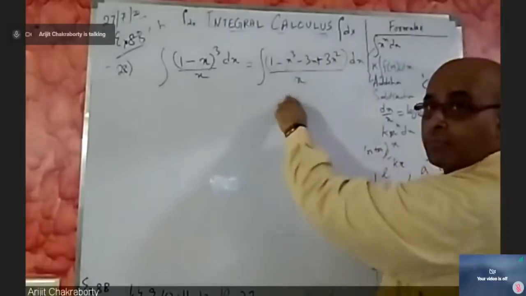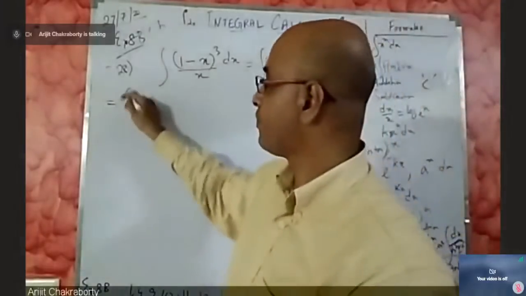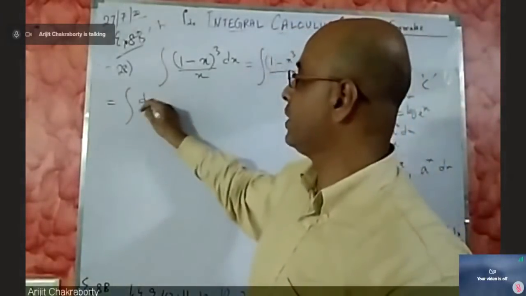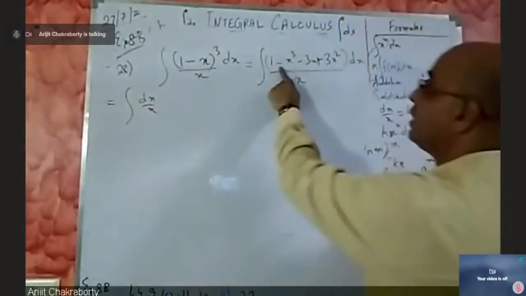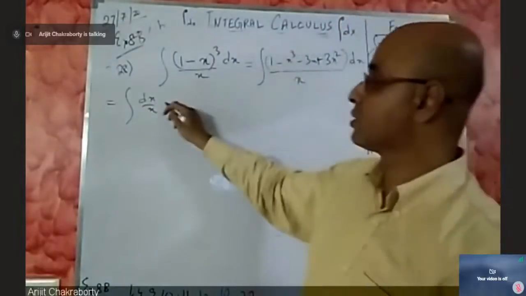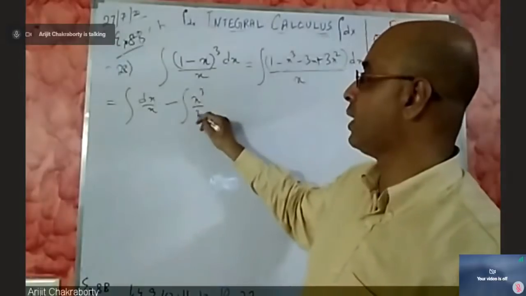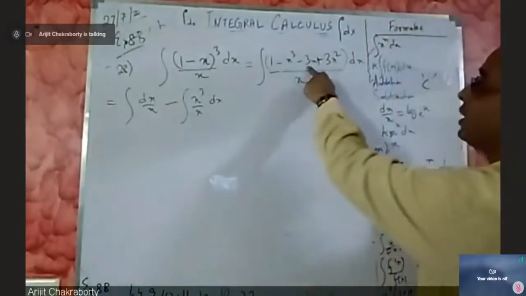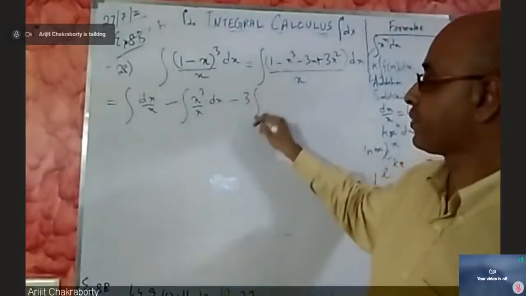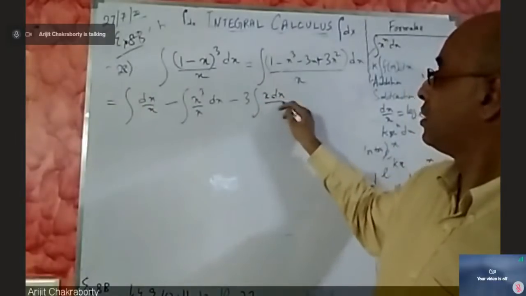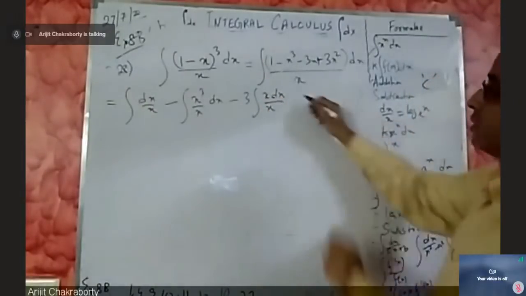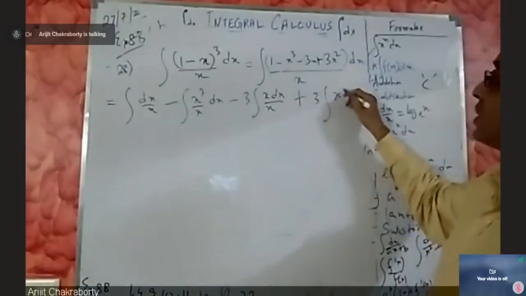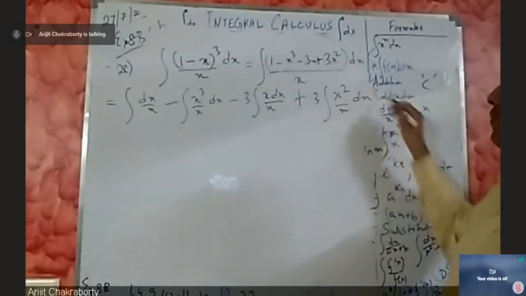Now break it up, split it up. So this becomes 1 by x dx, minus x cubed by x dx, minus 3x by x dx, plus 3 into x square by x dx.